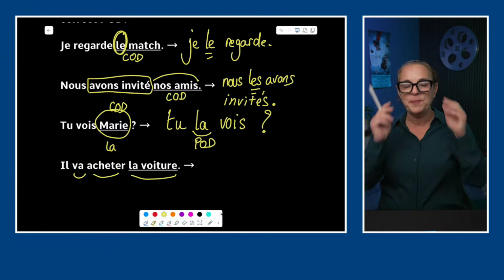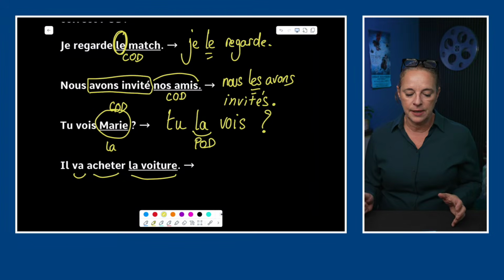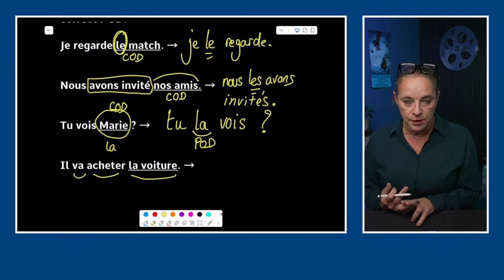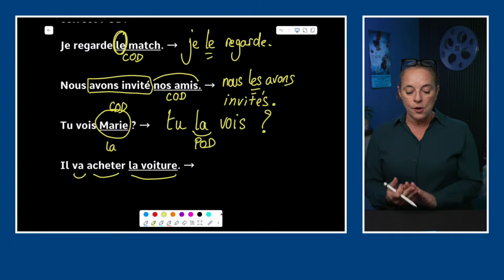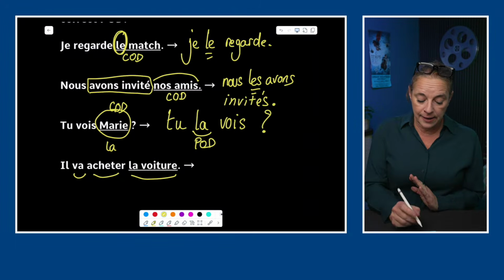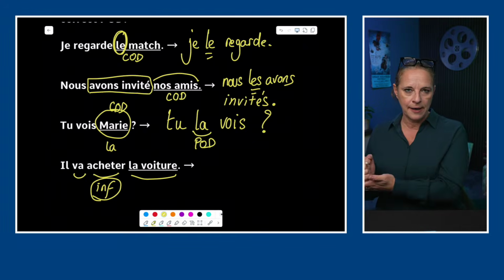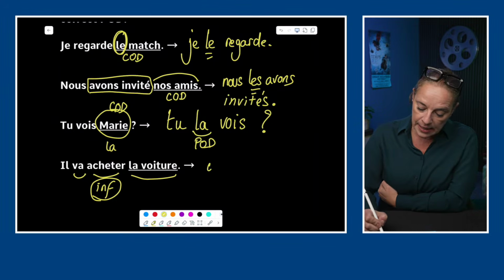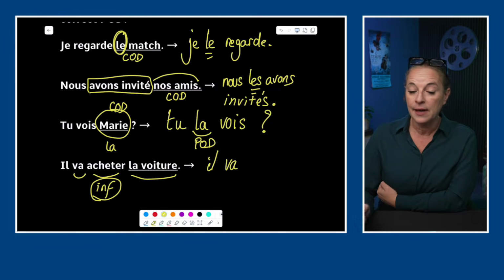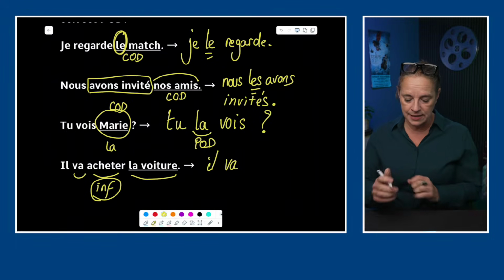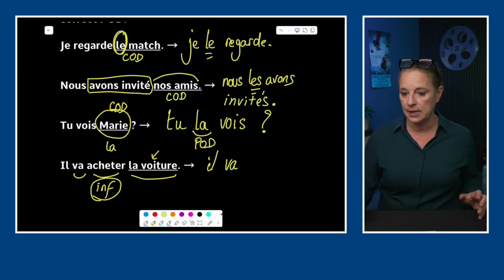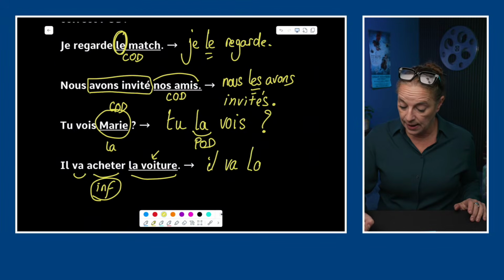Now, remember the placement of those pronouns, okay? It's either before a conjugated verb, before the auxiliary of a compounded word, or before an infinitive. He is going to buy, okay, which is a futur proche or near future. So, il va, and then we need the proper pronoun for la voiture, which is la, okay?